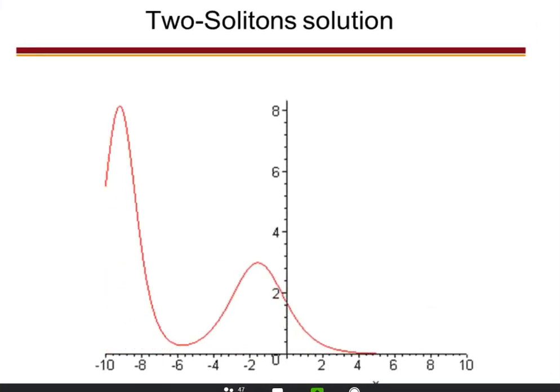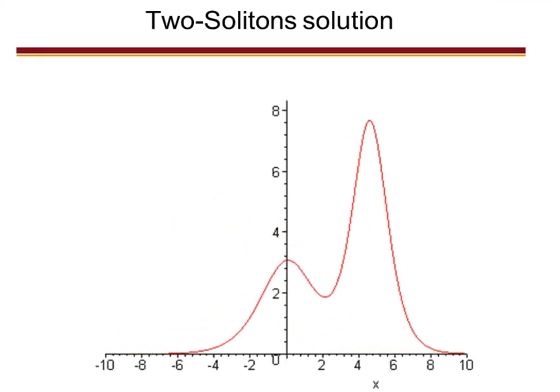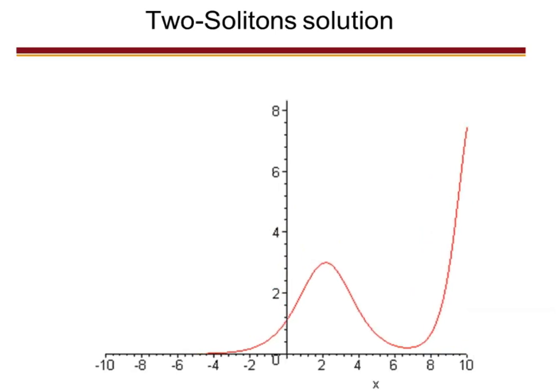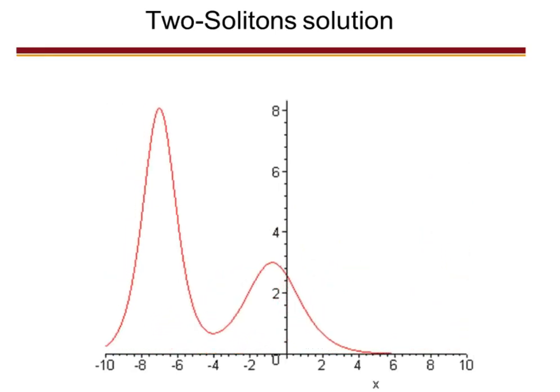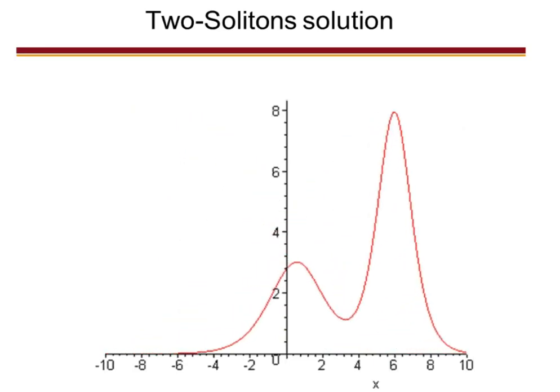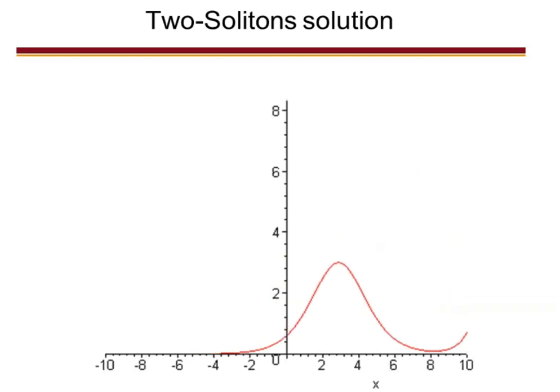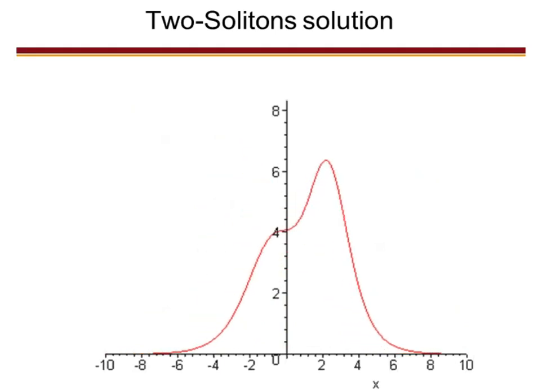So two waves are meeting and they are moving away. They are colliding, you can say they have an interaction, but before and after the interaction, the shapes of both pulses remain the same, as well as their velocity.